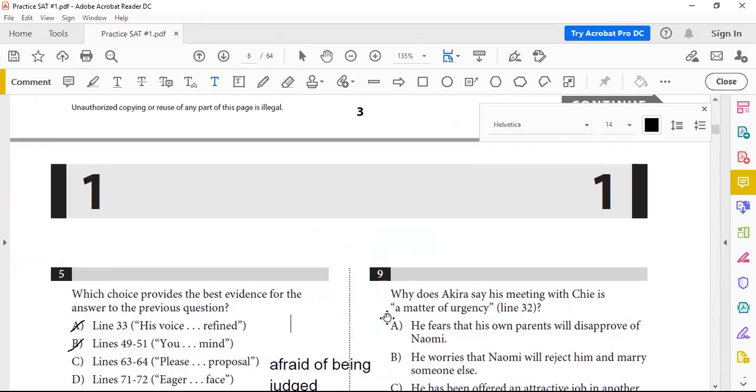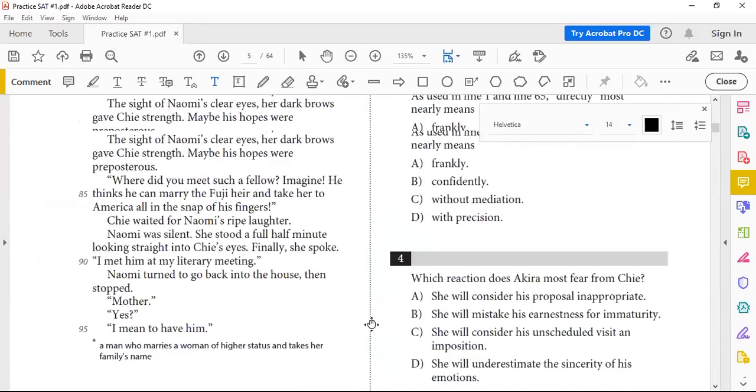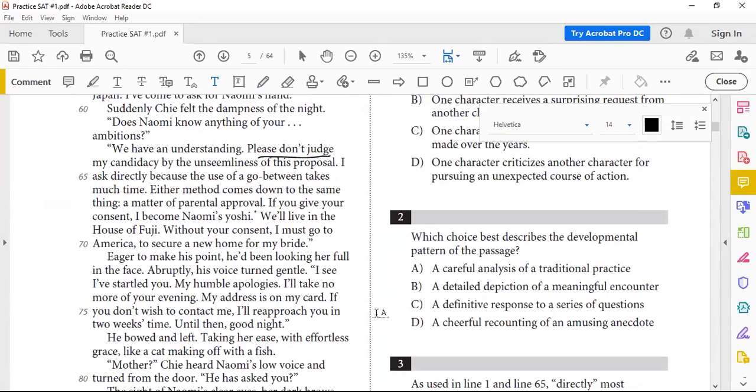Then 71 to 72. And I recommend checking all of them, even if you feel you have one, because sometimes you have multiple lines that contain a possible answer to the previous question.